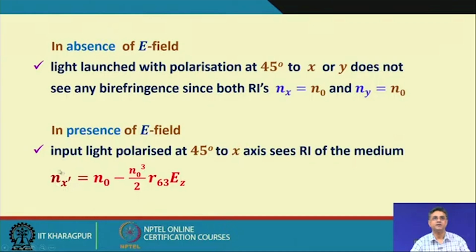As a result, the refractive index experienced by the light of x prime polarization will see this quantity because of the presence of the electric field. This quantity will be in excess of n 0, the natural refractive index, and as E z changes, this quantity will be modulated.